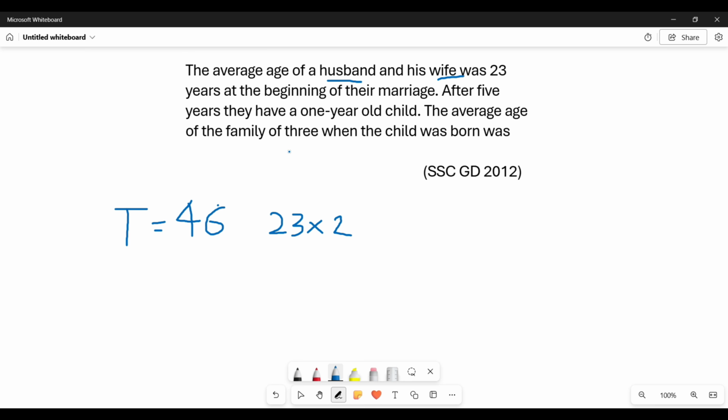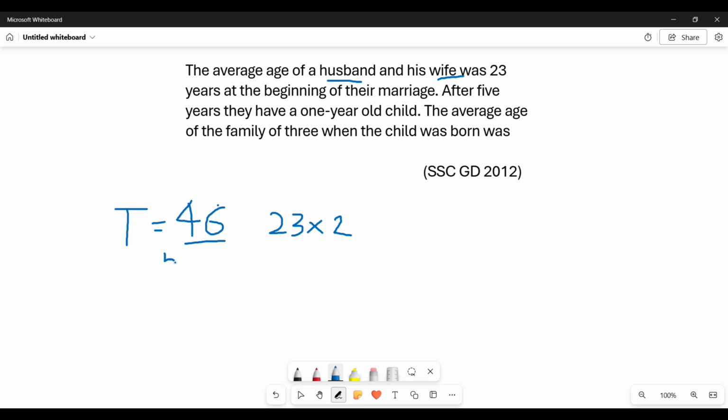So now, after 5 years, they have a 1-year old child. Moments back, we talked about fast forward, right? So, try to go ahead in time. After 5 years, they have a 1-year old child. Now, their total age was 46. What happens after 5 years?